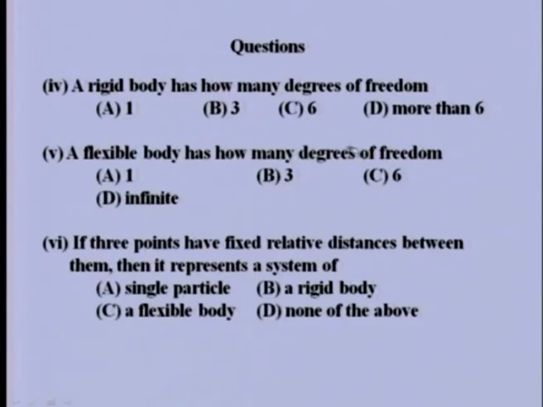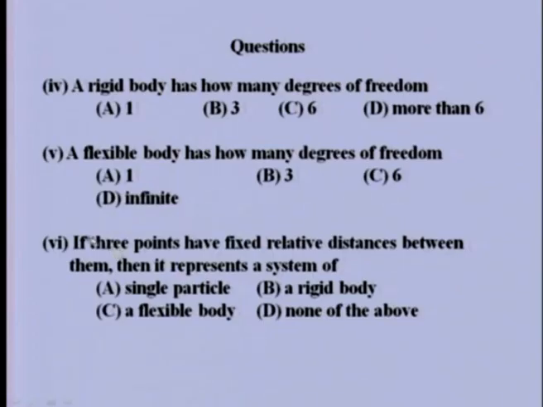In that case, we can define that there are infinite numbers of points on this, and each point has relative displacement. Because infinite particles are there, and each particle requires 3 degrees of freedom, the degree of freedom of a flexible body is infinite.